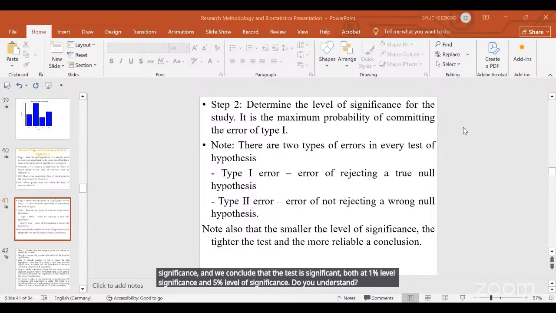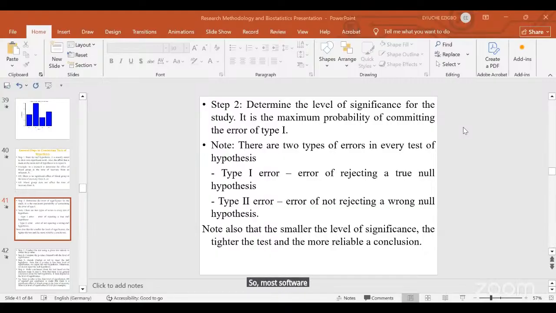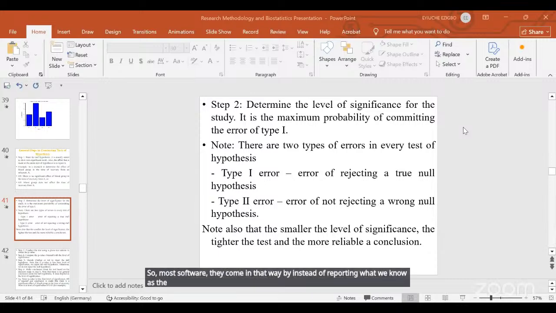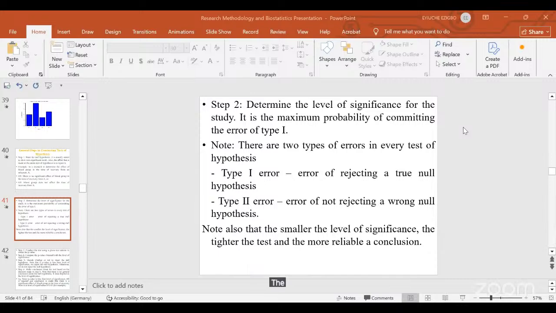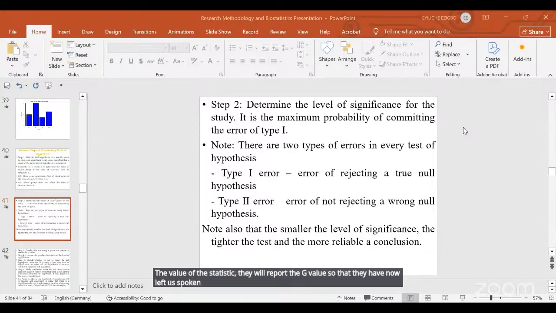So most software come in that way: instead of reporting the value of the statistic, they will report the p-value, so that they have now left us open to do what? To push the level of significance at which what we have tested will be significant, and the level of significance at which it will not be significant.